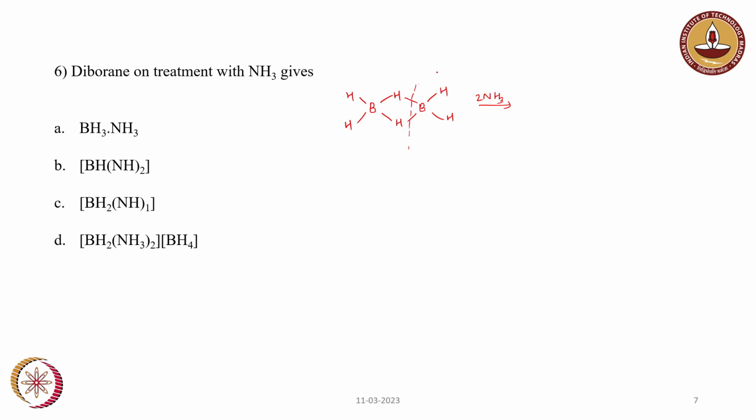So this part will be negative and this part will be positive. So the products will be boron with 4 hydrogen on 1 boron, and the boron with 2 hydrogen will coordinate to NH3, giving BH2NH3.